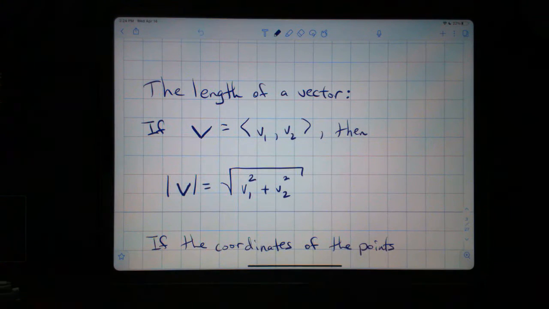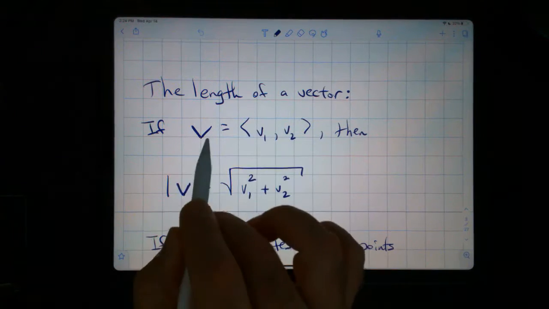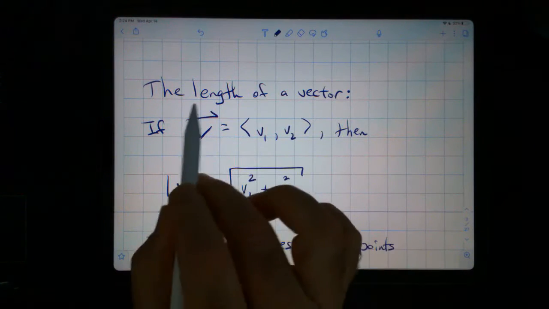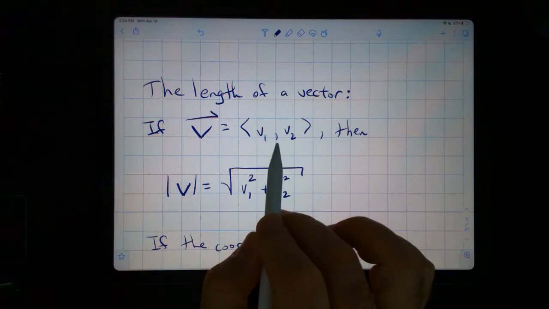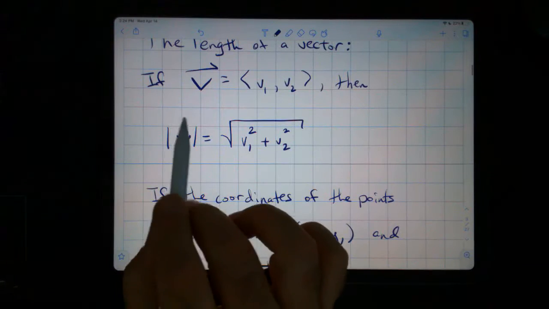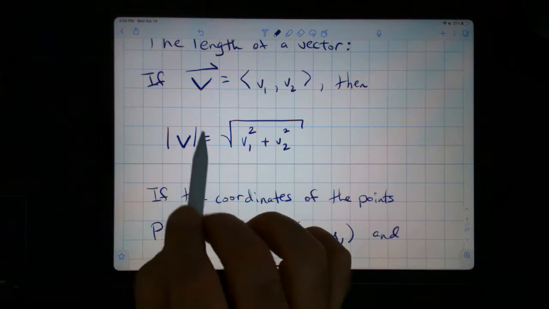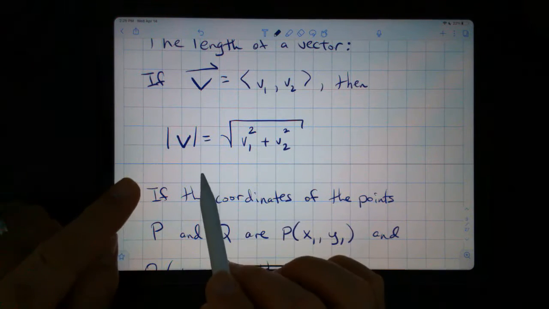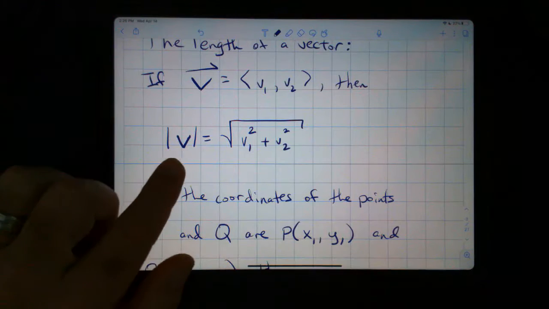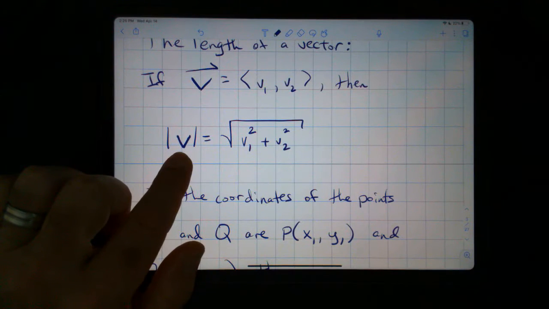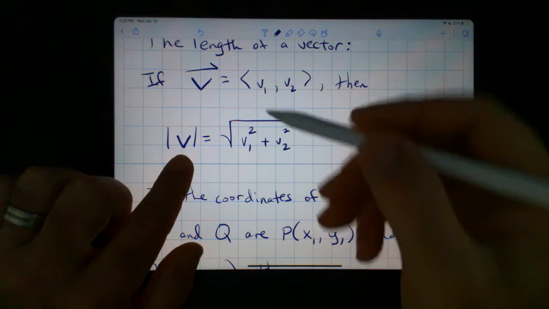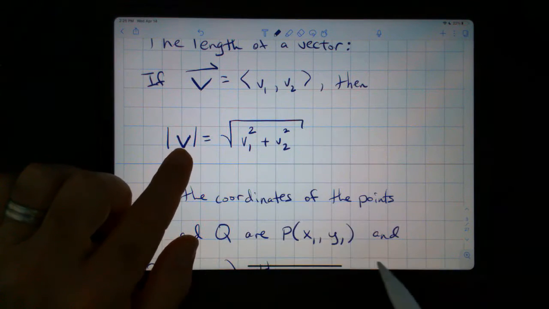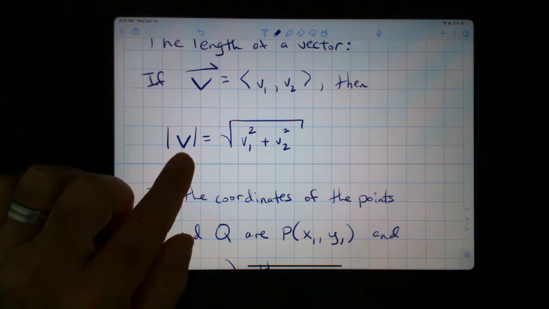So the length of a vector, and this is supposed to be bold, I can also mark with the line. So if vector v is equal to ⟨v1, v2⟩, then up until now, you've probably seen these two lines as absolute value. From a basic algebra point of view, the absolute value is a number generator, so whatever number goes in has to come out as non-negative, although that is a 100% true statement.